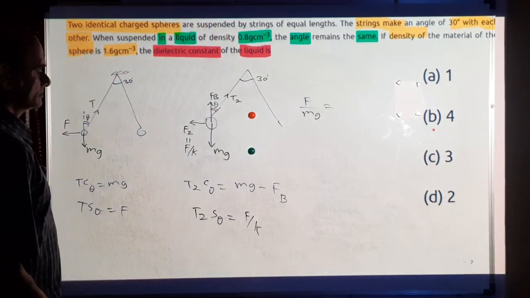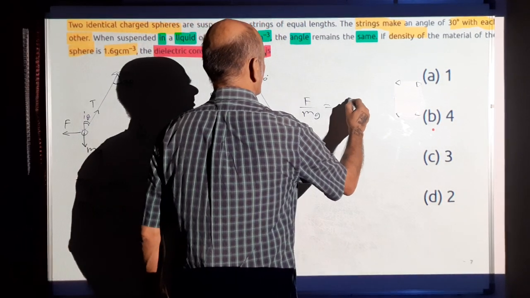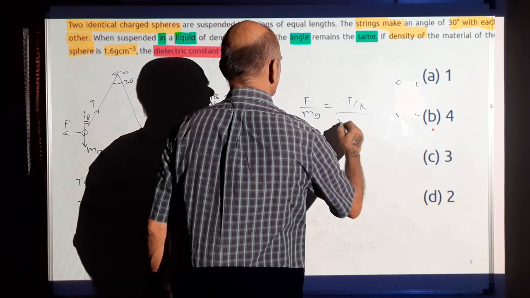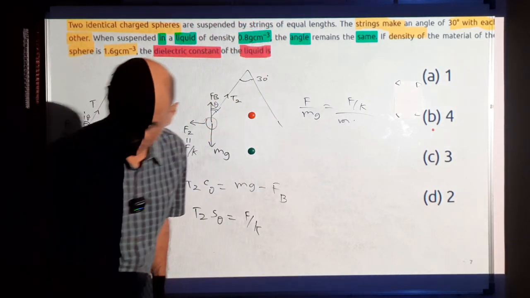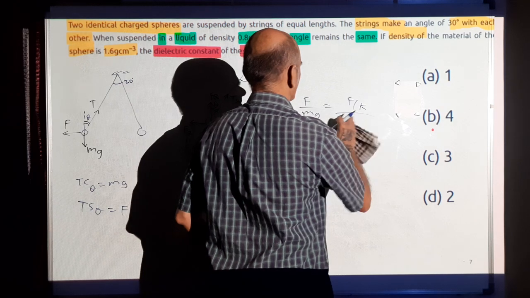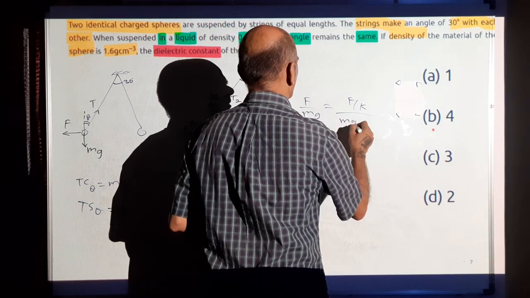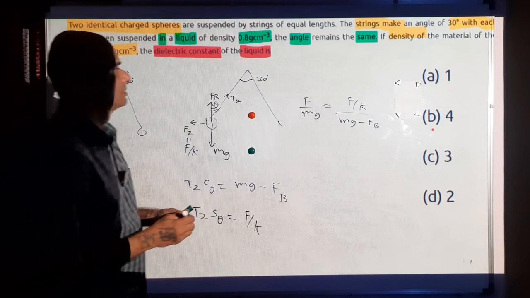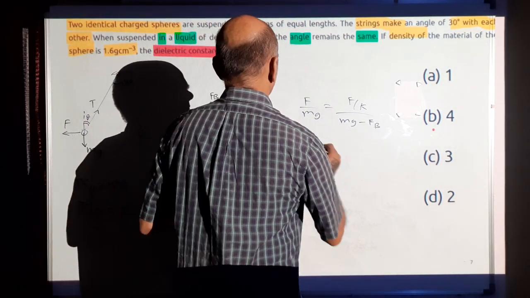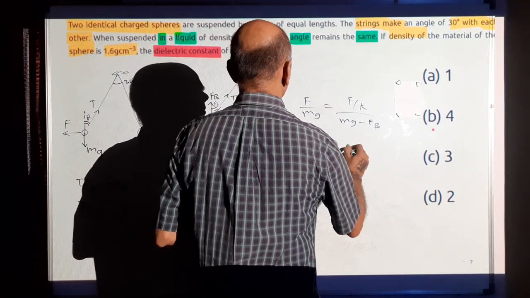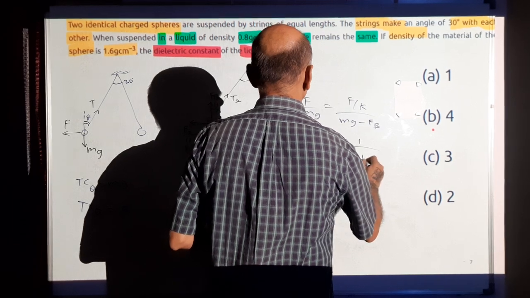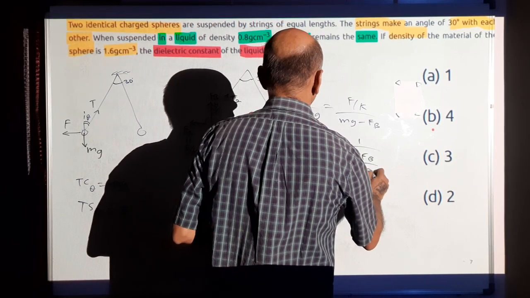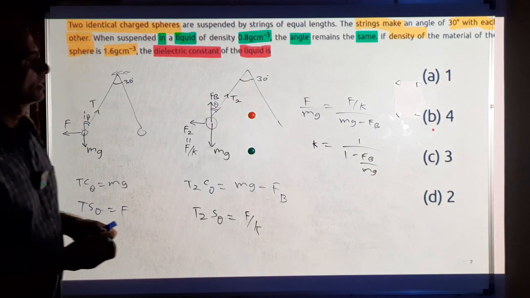Second case, tan theta is F by K by mg minus the buoyancy force. From this, K equals 1 by 1 minus the buoyancy force by mg.